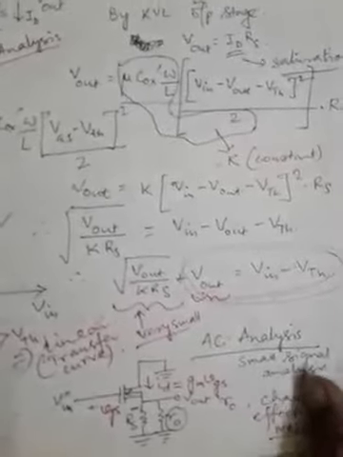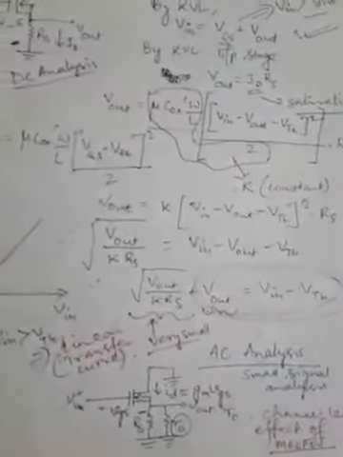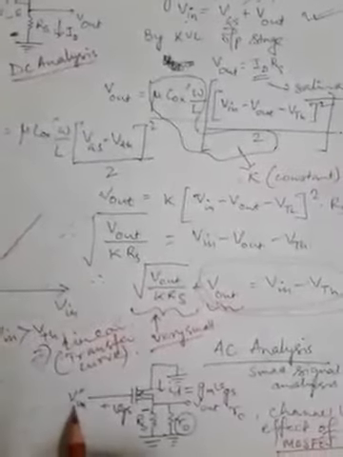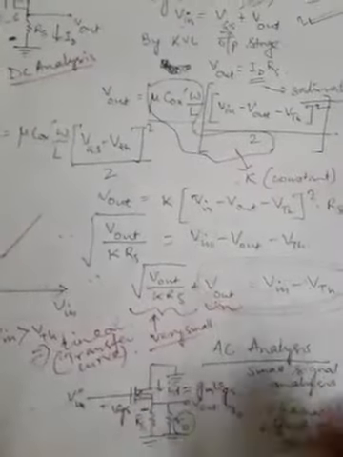Now we should be moving to find the gain. Before we write the equation, let us see from here what we can write. This Vin can be written as vgs plus Vout. So the first equation for the input stage is Vin equals vgs plus Vout.